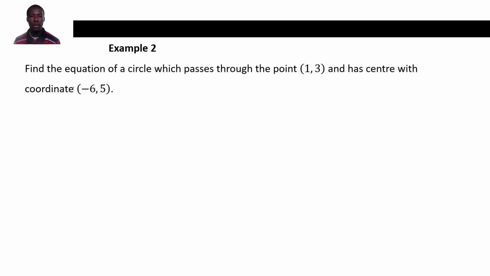Example 2. Find the equation of a circle which passes through the point 1, 3 and has center with coordinates negative 6, 5. Okay, solution.